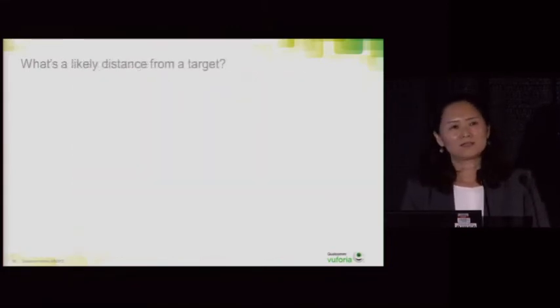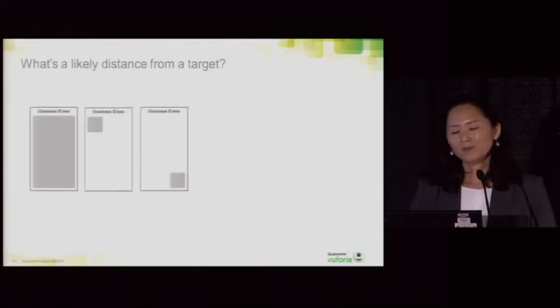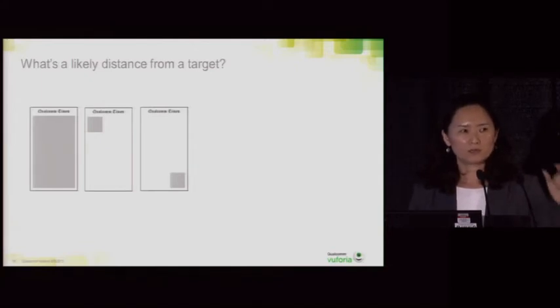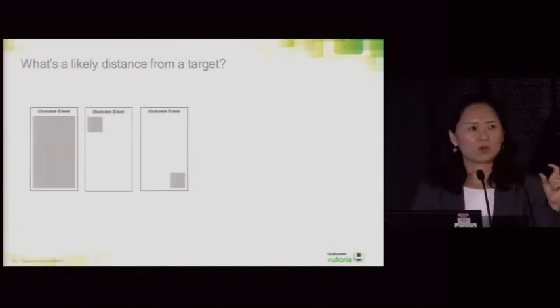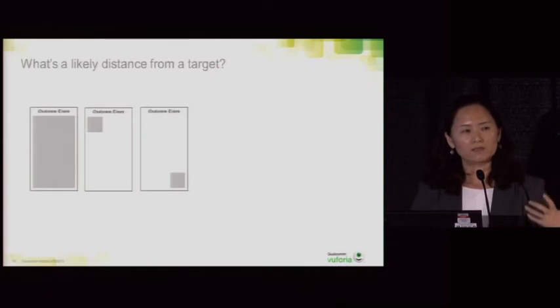Second thing, what's the likely distance from a target? We did our usability study on the prototype app that we did with a newspaper advertisement. We had those 3 samples, one with a full page advertisement, and one small one on top and a small one on bottom.